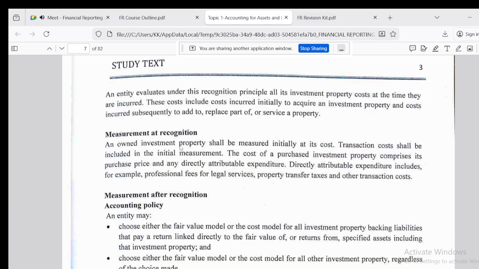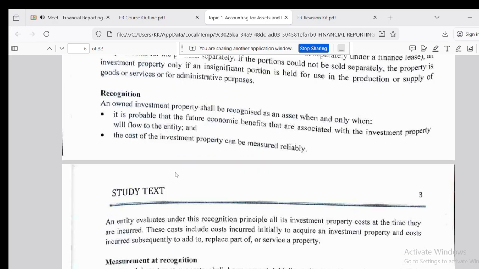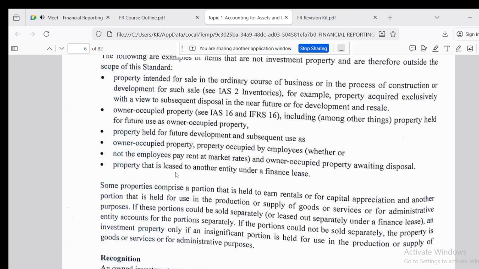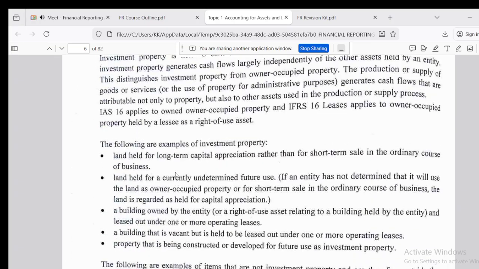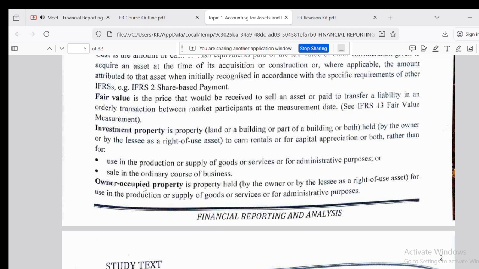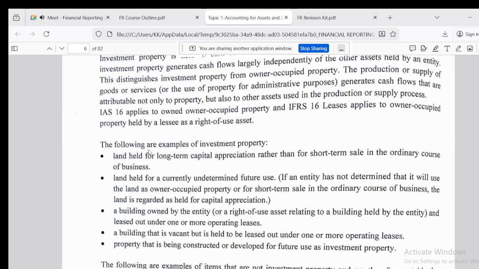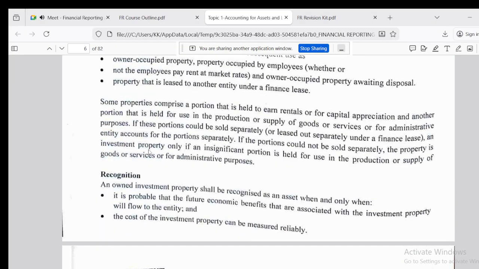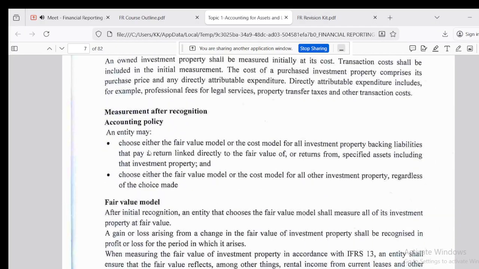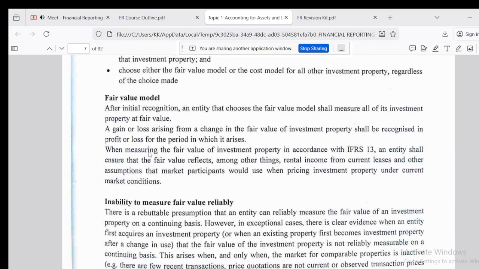Then we can say that an owned investment property, remember we are now talking about owned. Remember there were 2 things here: owner-occupied property, then investment property.